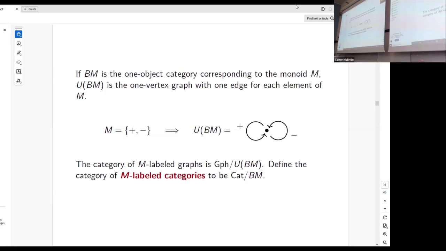It's a category where each morphism is mapped to a morphism in B of M, i.e. to an element of the monoid M, in such a way that when you have two morphisms that can be composed to get a new morphism, you can multiply the labels of those two morphisms in M and get the label of the composite morphism, which is exactly what you want, when you start multiplying those pluses and minuses around a feedback loop. So this turns out to be a good structure to think about.